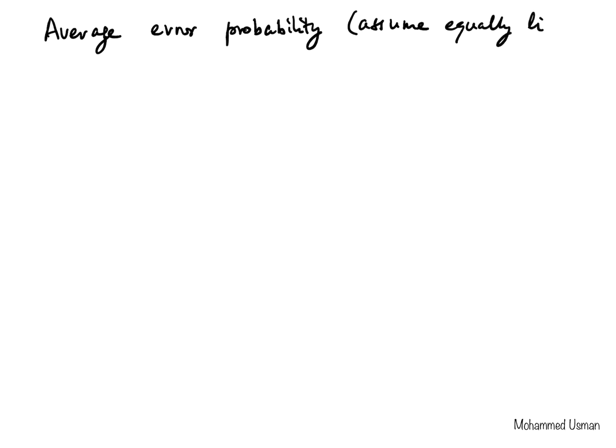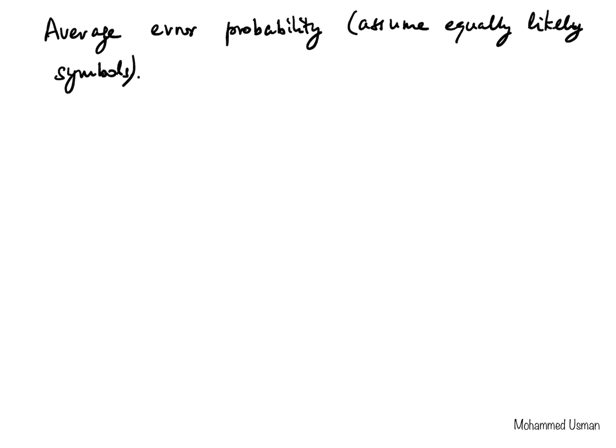So, average error probability, and again we are going to assume equally likely symbols.